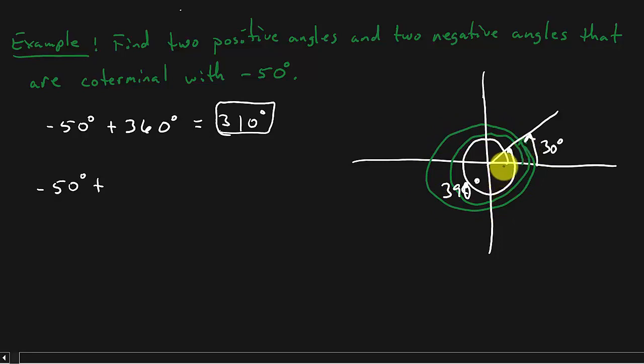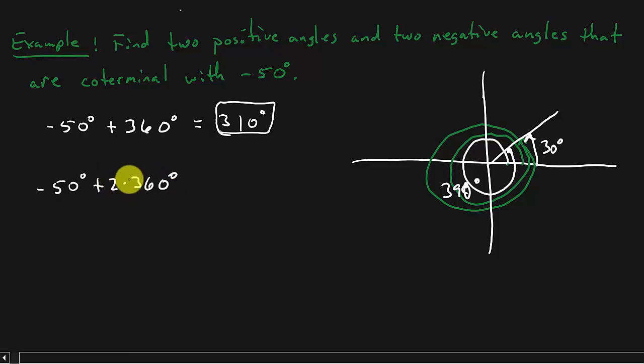So what did I do there? Well, when I went around one time, I added 360. And when I go around twice, I add 360 two times. I start here, I go around 360, and then I go around another 360. So to find another one, I'm going to add 360 twice.